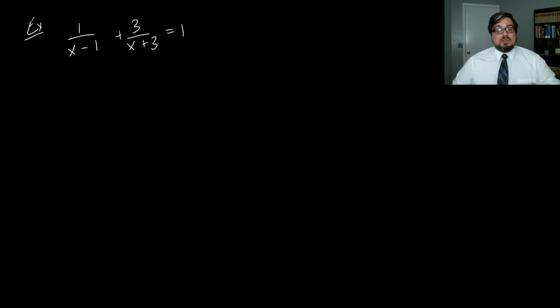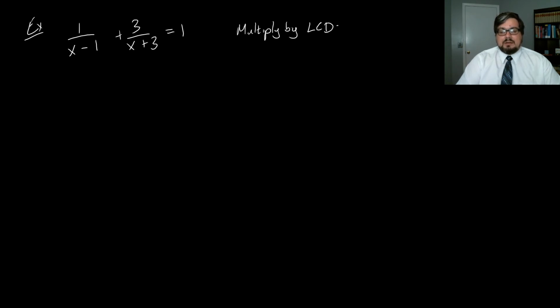Now, as before, we can't solve for x while it's still in the denominator, so the first thing we're going to have to do is get it out of the denominator, and as before, we do that by multiplying by the least common denominator. Now in this case, the least common denominator is just the product of the two denominators that we have, because we have no common factors involved, so we'll multiply both sides by this least common denominator.